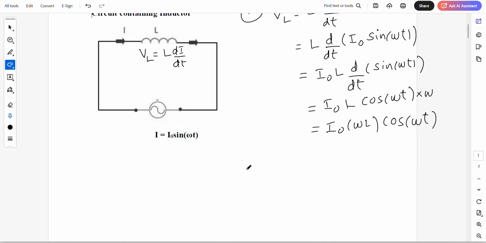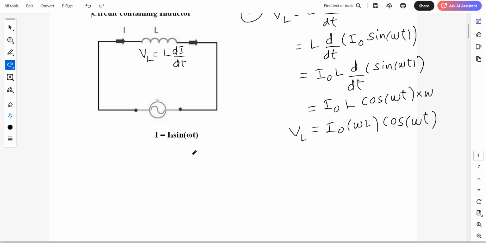Now just see here: on the left hand side VL is there, so this should also be voltage. If this should be voltage, then I naught is multiplied by what should be the resistance. This is nothing but the inductive reactance, that is the resistance of the inductor.